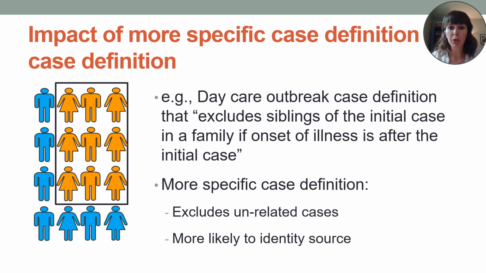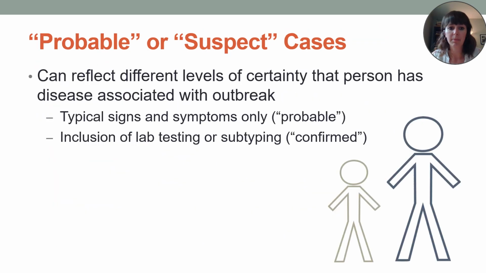But we only want to look at those kids who were exposed to that, not the secondary cases, when a kiddo goes home with vomiting and diarrhea and gets their siblings sick. And again, we're not denying the sickness of those secondary cases or the illness that they're experiencing, but we are excluding them because we don't believe that they actually had the exposure that we're trying to identify.